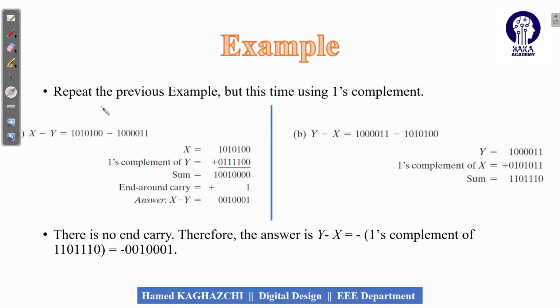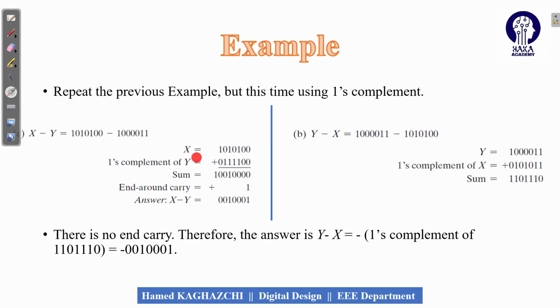Again, I want to use the same x and y and subtract them using the first complement this time. Because I want x minus y, I have to take the first complement of y.